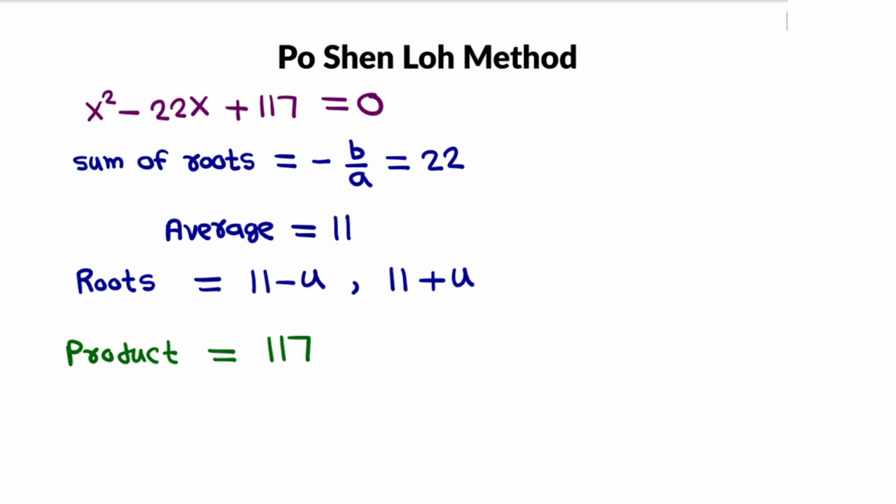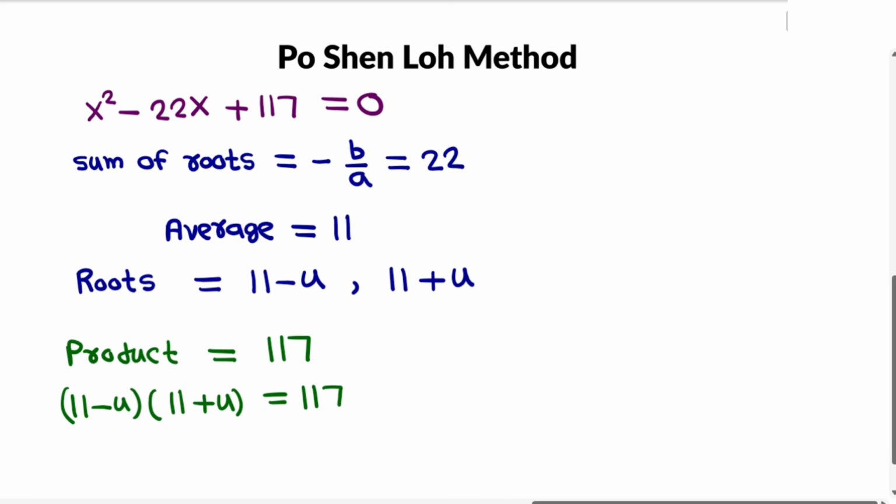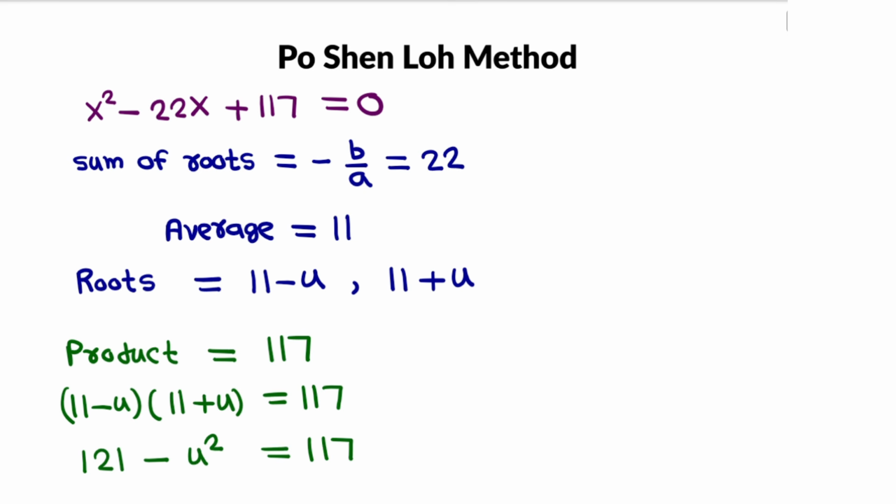Now, multiply the roots. 11 minus u times 11 plus u. That's a difference of squares. So we get 121 minus u squared. And that equals 117.